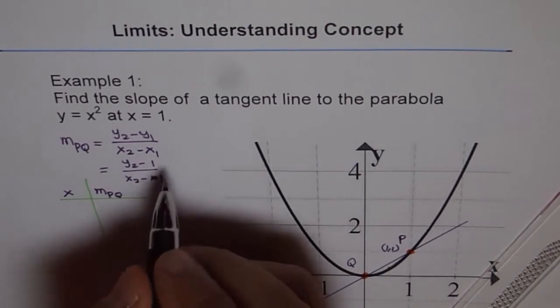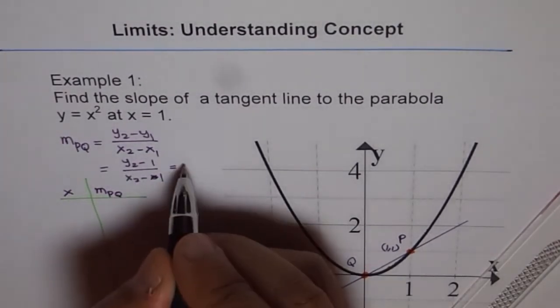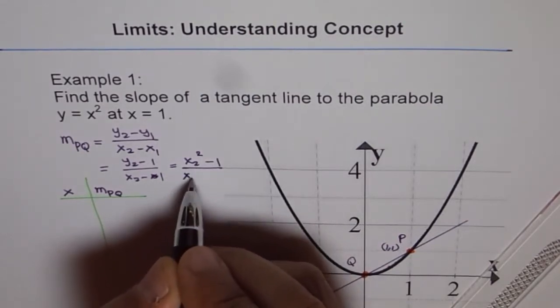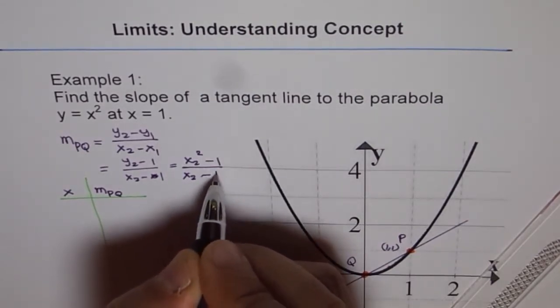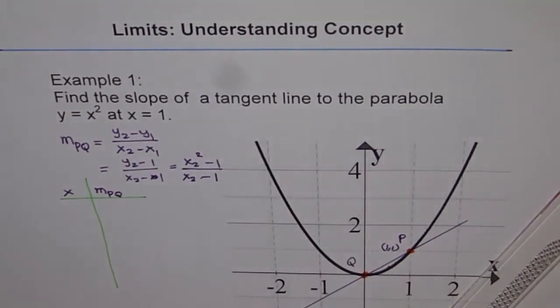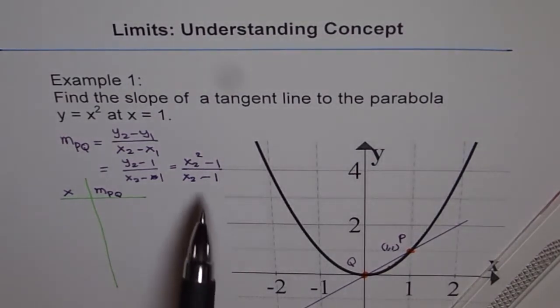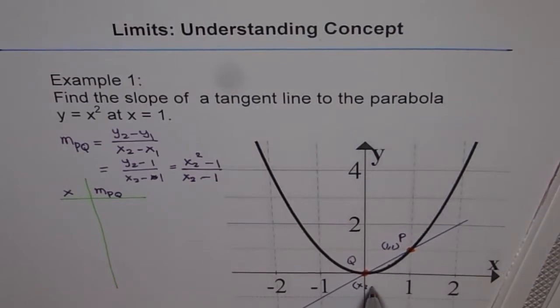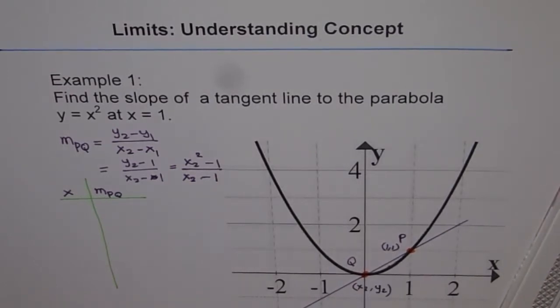So I could write this as x2 square minus 1 divided by x2 minus 1. I could have written x, y in general because the point P is fixed, 1, 1.